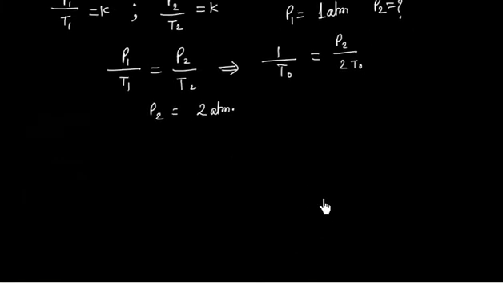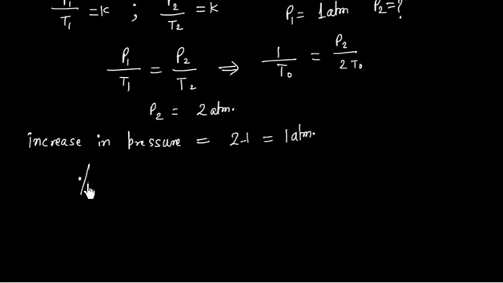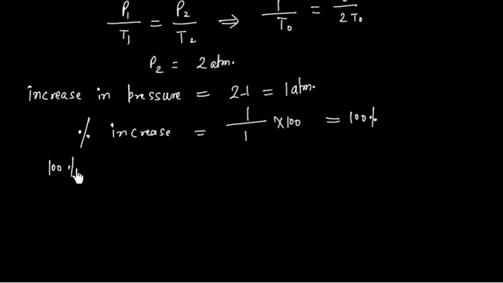So we can calculate the increase in pressure. This is equal to 2 minus 1, that is 1 atmospheric pressure. So we can calculate the percentage increase. Initial pressure is 1 atmospheric pressure, so 1 divided by 1 into 100. So there is a 100% increase in pressure.